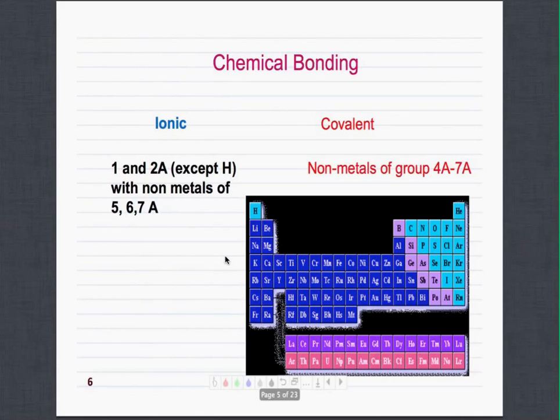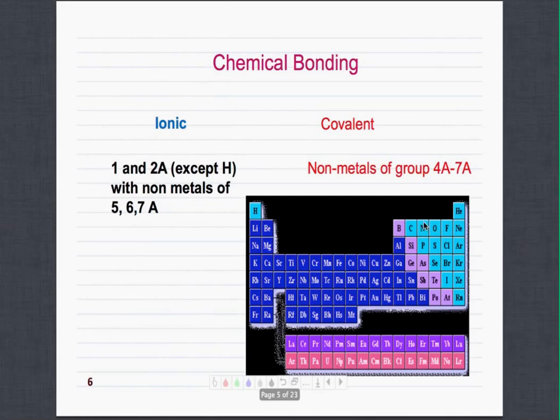Let's go back to chemical bonding. We said that ionic bonding takes place when group 1A and 2A, except hydrogen, make a bond with the non-metals of group 5A, 6A, and 7A. The bonding is ionic.